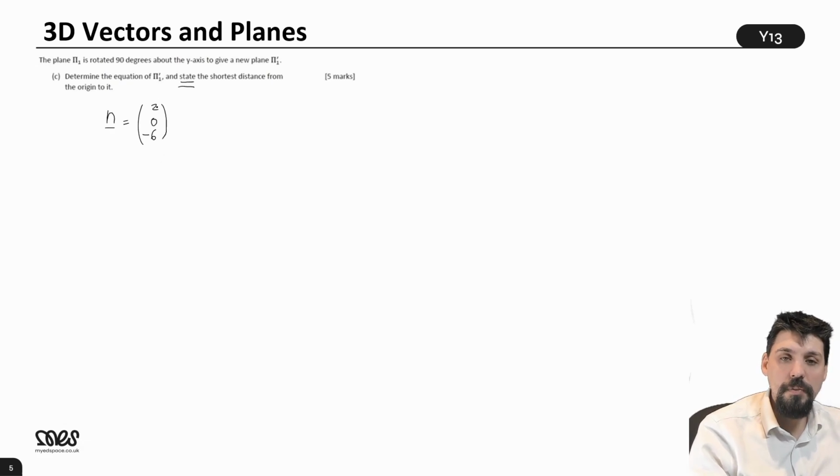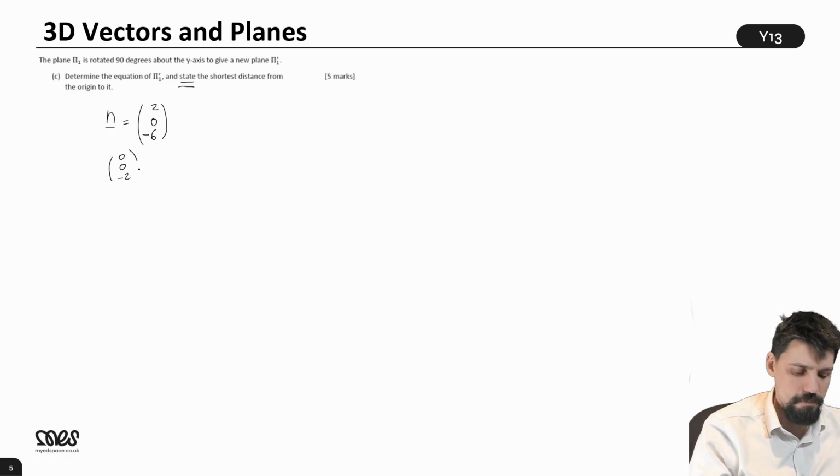And you can check that if you take the dot product of this with the normal to the other plane, you will get 0. And then the point on the plane, instead of going through x is 2, y is 0, z is 0, it's going to be going through x is 0, y is 0, z is -2.